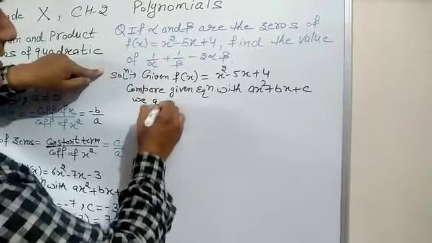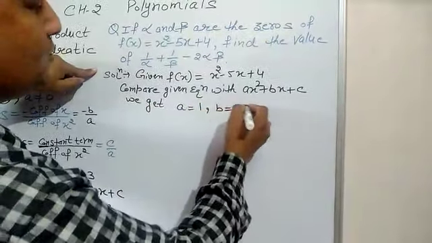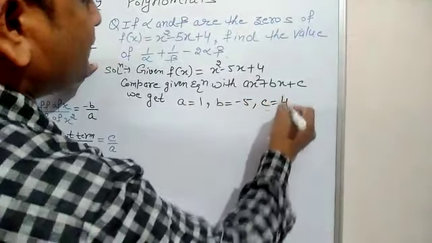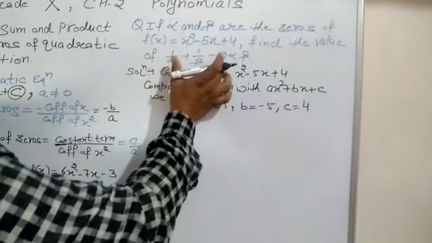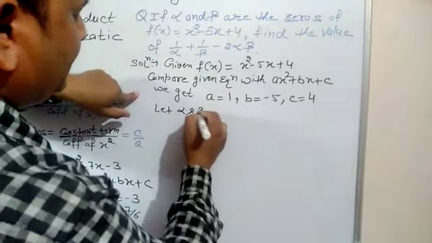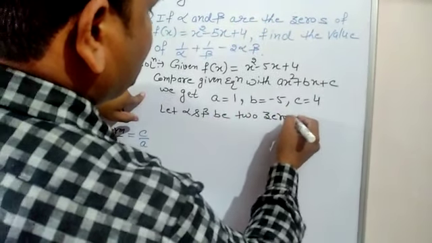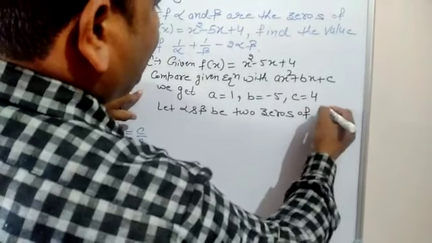We get a is equals to 1, b is equals to minus 5 and c is equals to 4. Here the question is asked in the form of alpha and beta, so let alpha and beta be two zeros of f of x. F of x is your given polynomial.